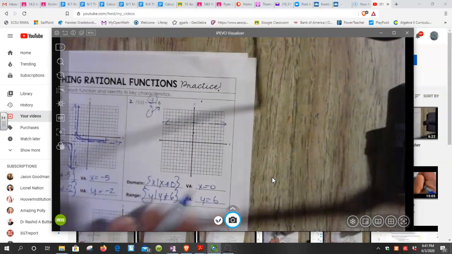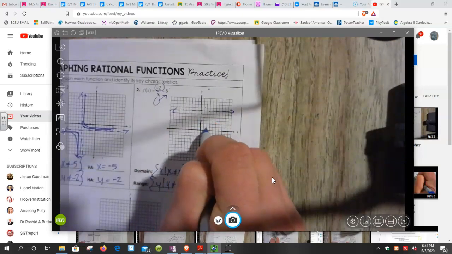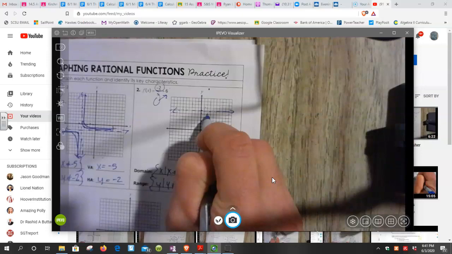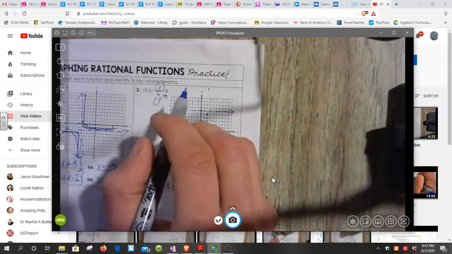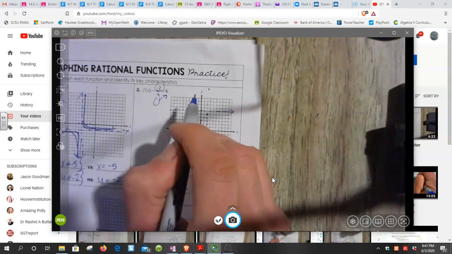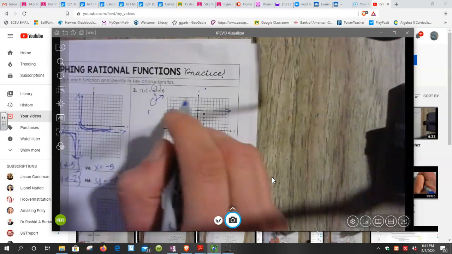And you put some values in here, so if you put 2 in there, you're going to get 5. If I put in 1 in there, I get 4.